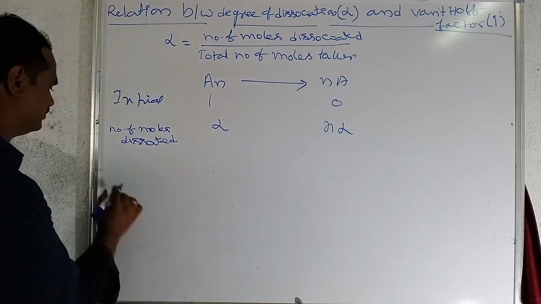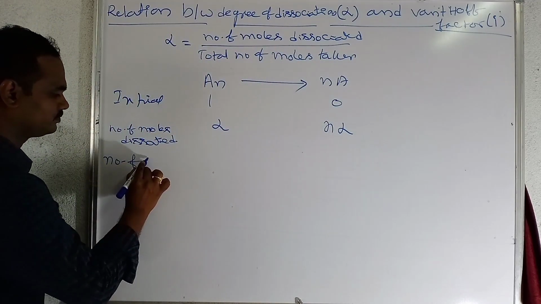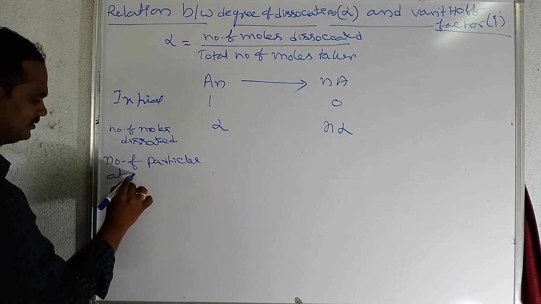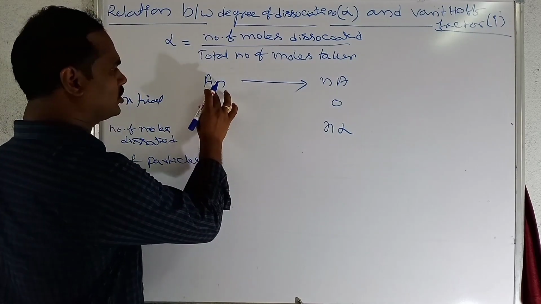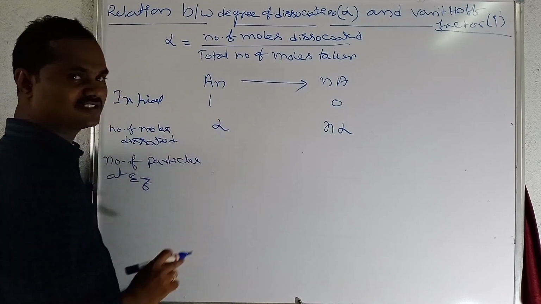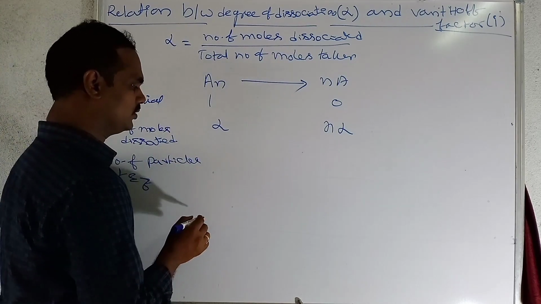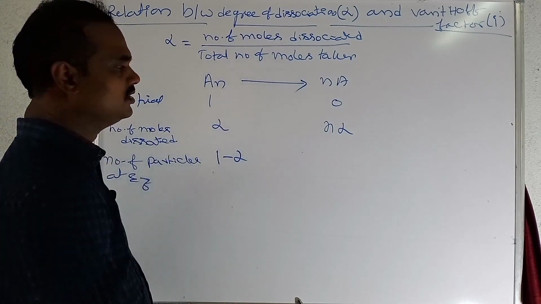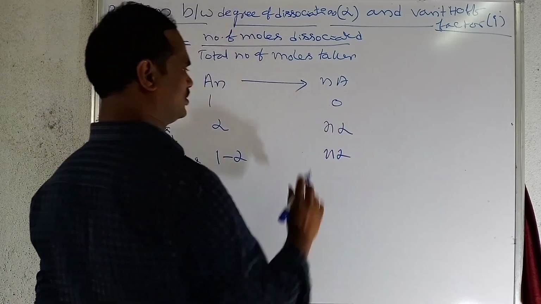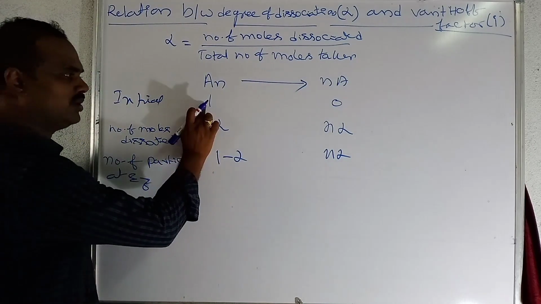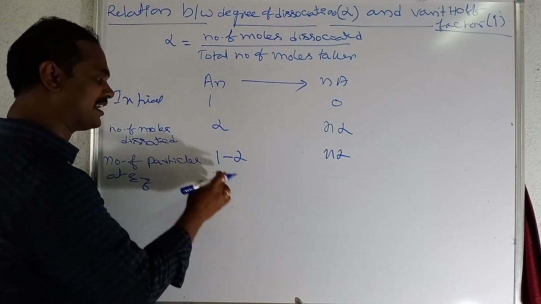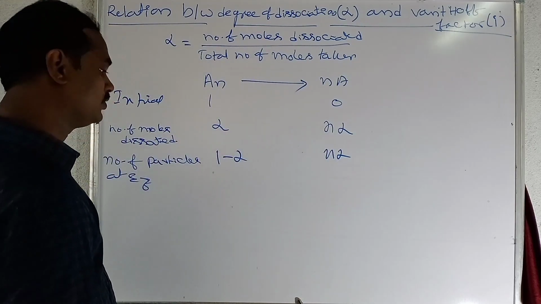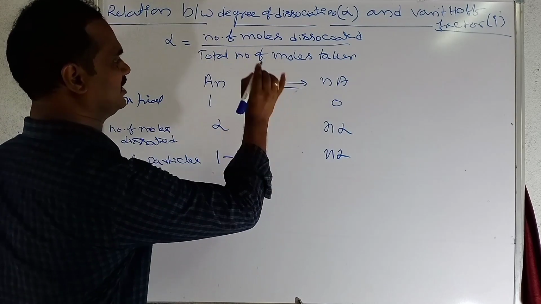Now the number of particles at equilibrium: we took 1 mole and some fraction alpha is dissociated, so the remaining is 1 minus alpha, and n alpha is obtained. These are the reactant particles and the product particles present at equilibrium.